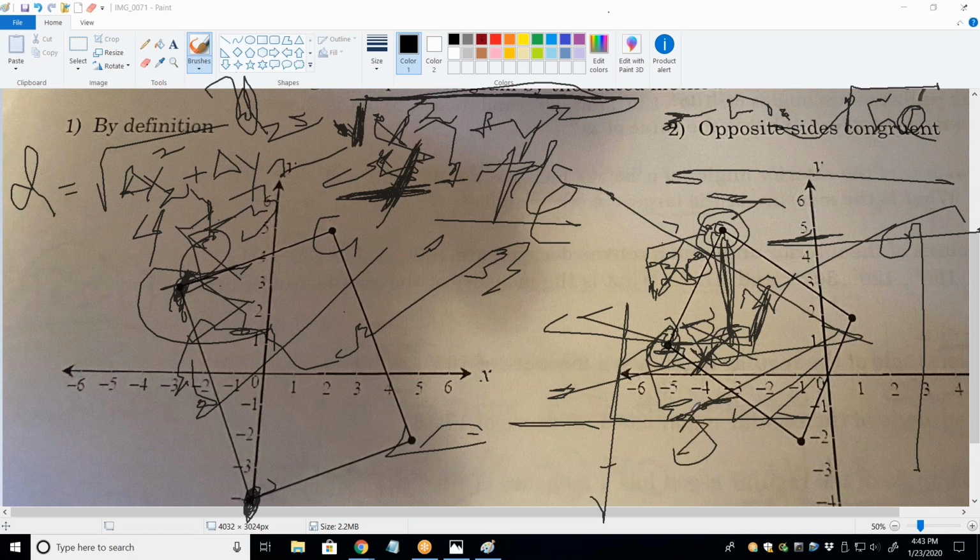Now we have to see what the distance of the side opposite that side is. Okay, so the square root of 25 is 5. Right. So we know it's 5. If we can prove its opposite side is also 5, then it's a parallelogram. So what's the distance of the opposite side, the one that only has one check mark through it?